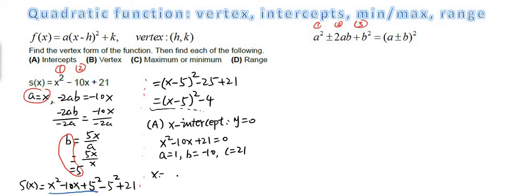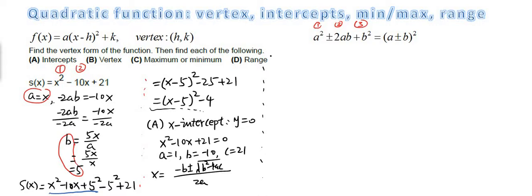Just plug into the quadratic formula: negative b plus or minus the square root of b squared minus 4ac, divided by 2a.